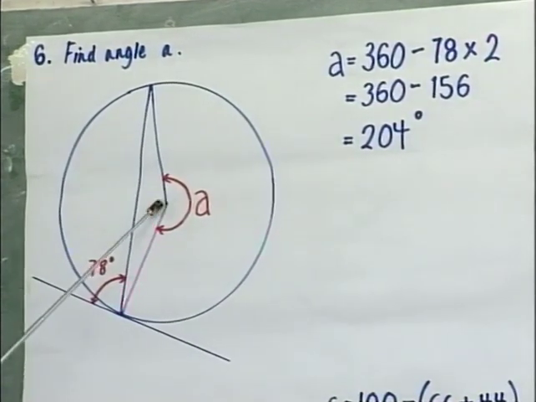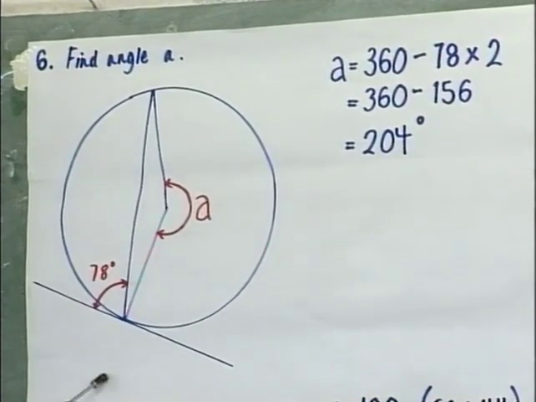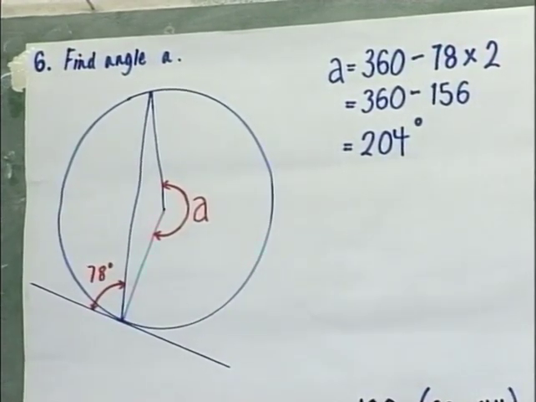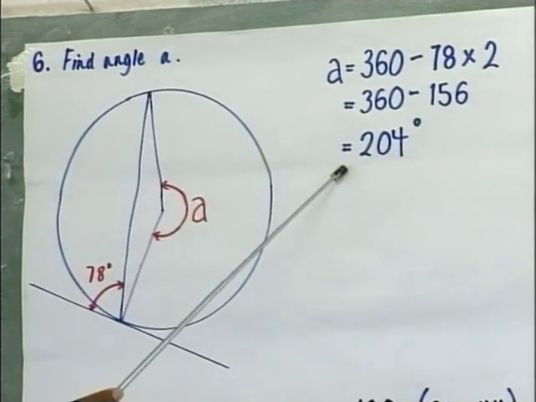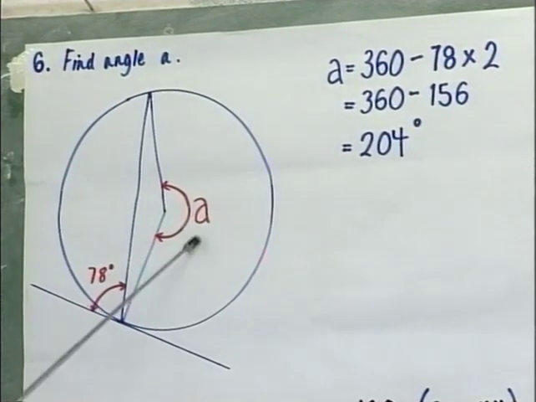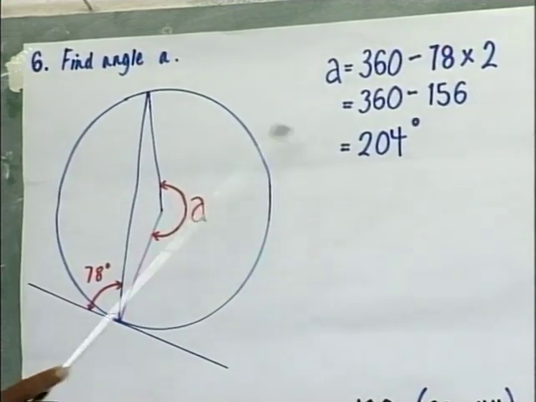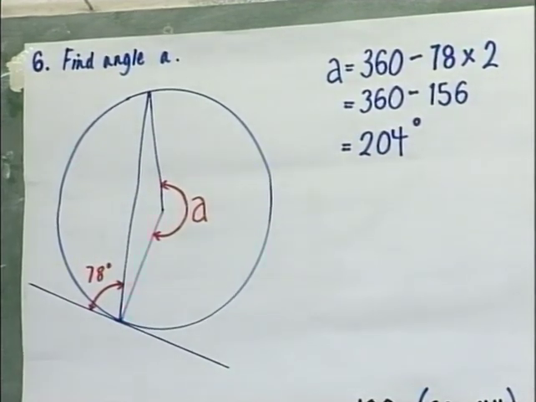So to find this unknown angle, we use 78 times 2, which gives 156. We take that from 360 degrees, which is the total sum of all angles at a point, and we find that angle A is equal to 204 degrees.